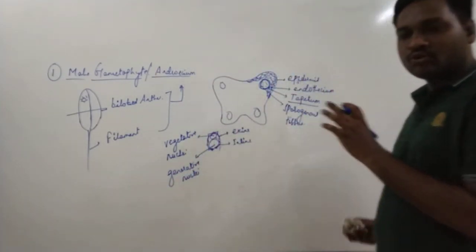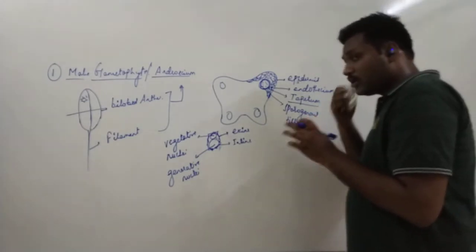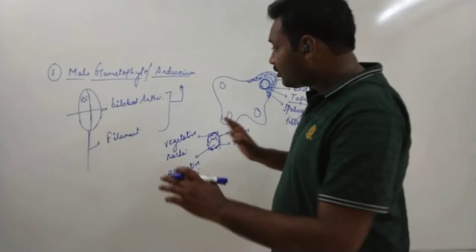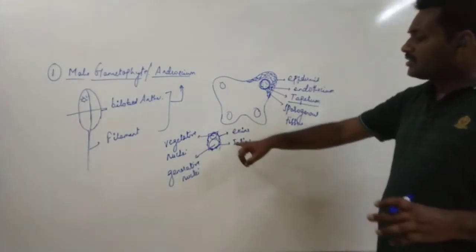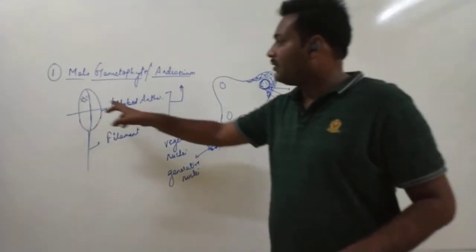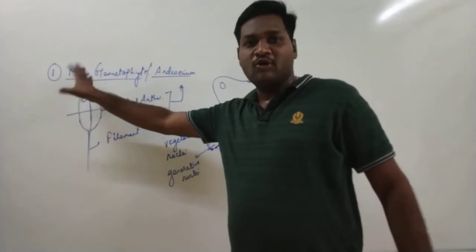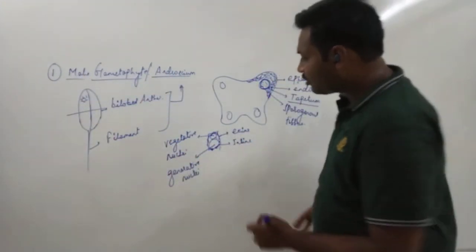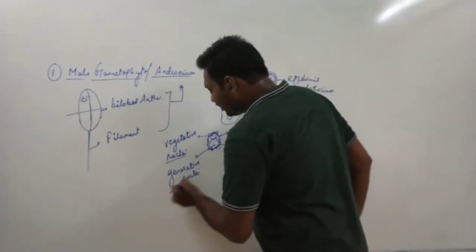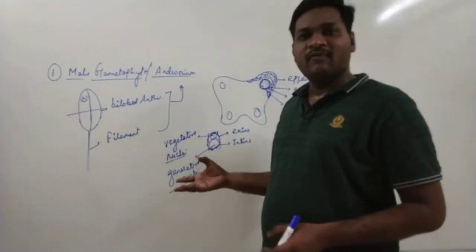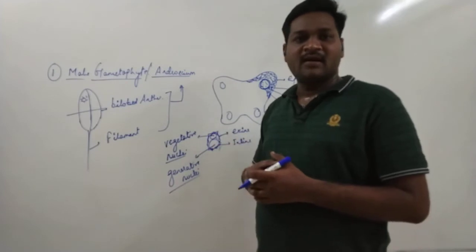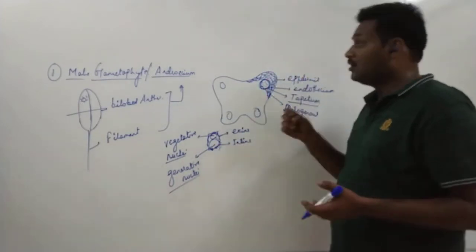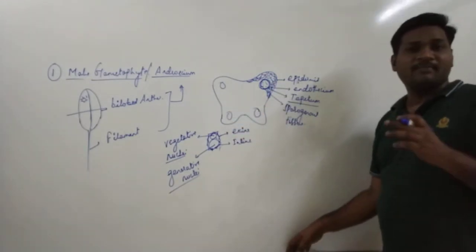Within a single cell two nuclei are present, and these two nuclei have a significant role in the development of the male gametophyte. After maturation, such a pollen grain will be developed on the bilobed anther. I hope you are getting this. We'll discuss the vegetative and generative nuclei at the time of fertilization, that is, after pollination. So this is about the development of the male gametophyte.